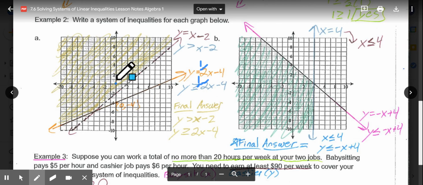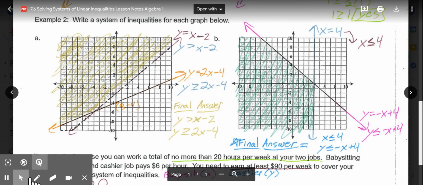They shaded toward the 0, so 0 is greater than -4, so it would be a greater than or equal to symbol. So our final equation should be y is greater than x minus 2, and y is greater than or equal to 1/2 x minus 4.